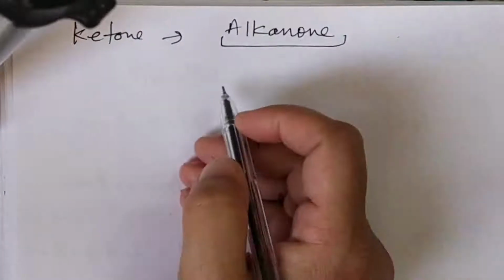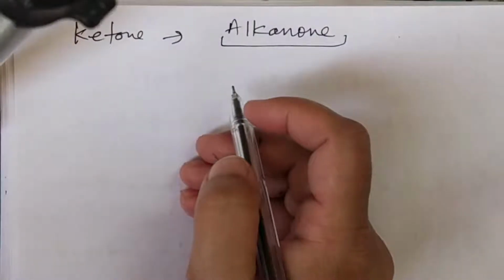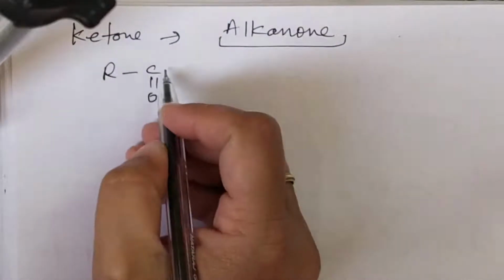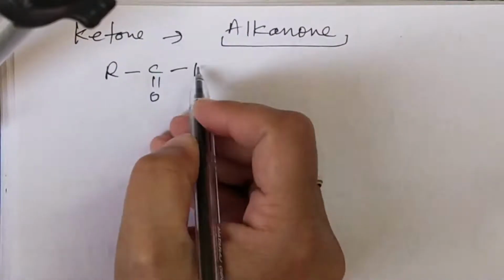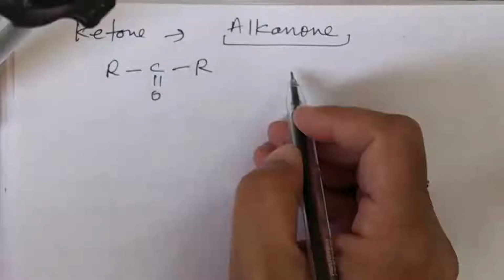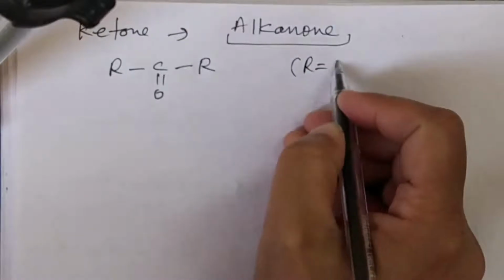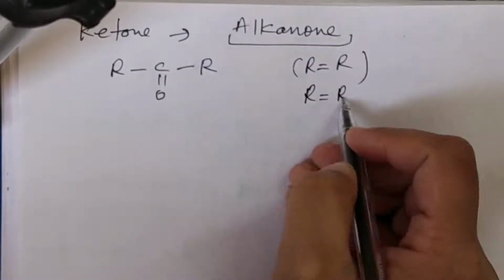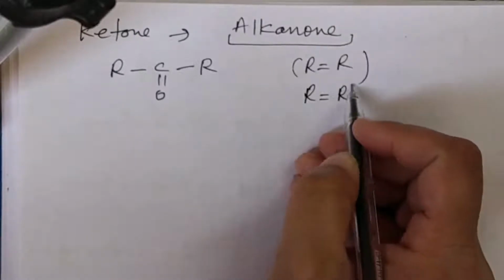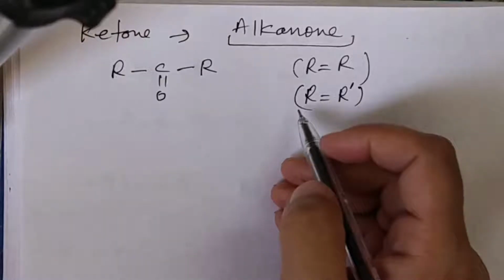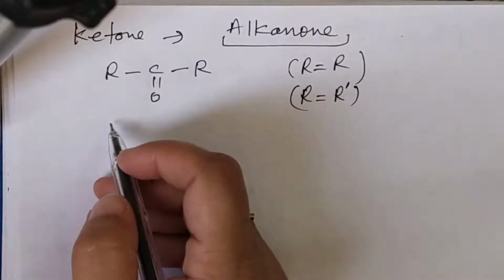In alkanones there is the functional group C double bond O, and both sides they carry either R equal to R or R might not be equal to R dash. So we will take both the examples here.